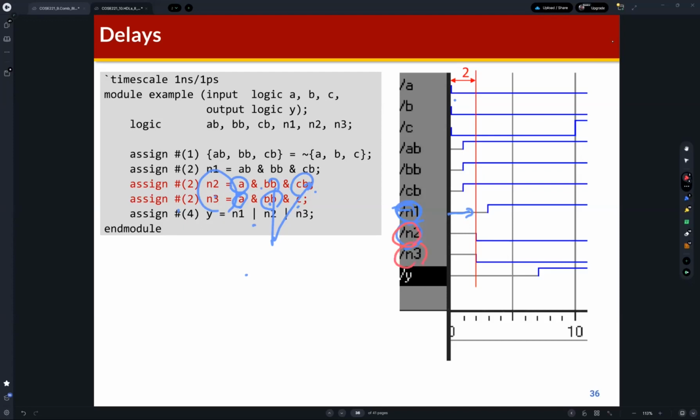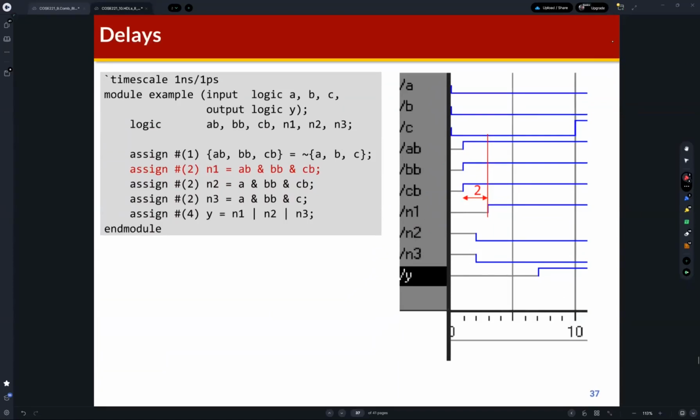N2 and N3 are determined after 2 nanoseconds because of A. Because A becomes 0, and these changes are reflected after 2 nanoseconds.